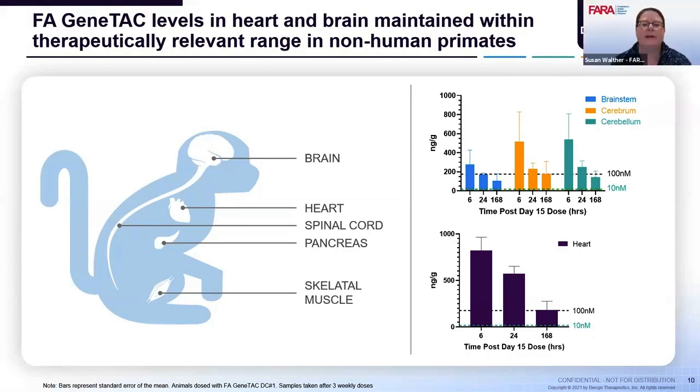There's a question asking for more information about the mechanism of action as it relates to similarity to an HDAC inhibitor. Is it working independently of heterochromatin? Is it a methylation, acetylation? Can you review quickly the mechanism of action again?